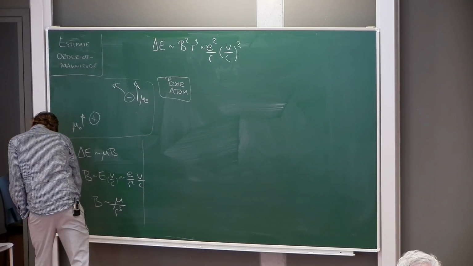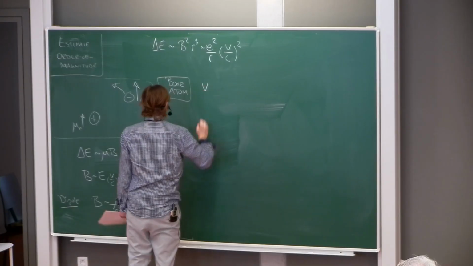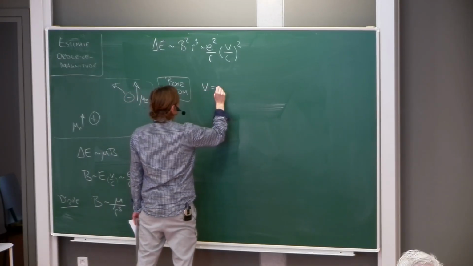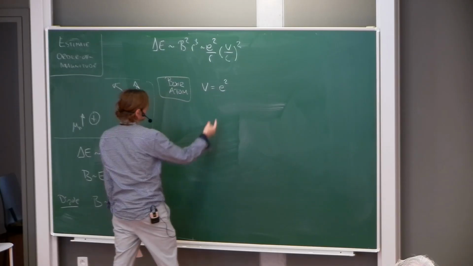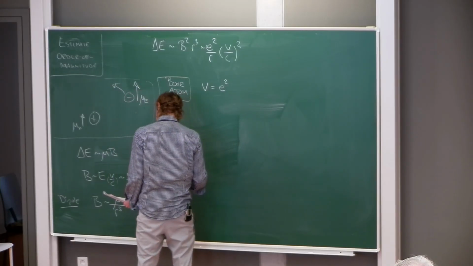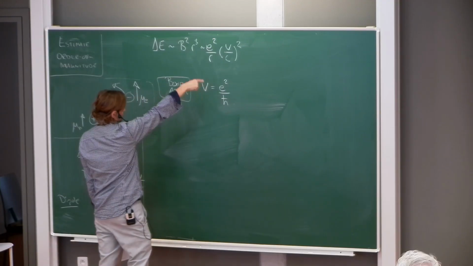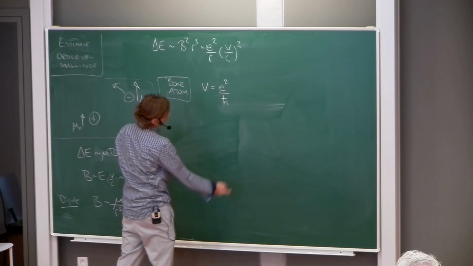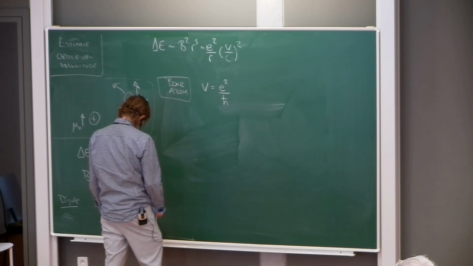If we look at our Bohr atom, I have to remember the expression. We know that if we put this at the Bohr radius now, there's a principal quantum number there, right? But you know that then we had that the velocity was e squared over h bar for the principal quantum number n equals 1, right?